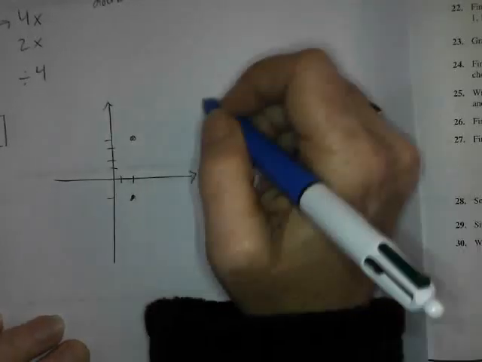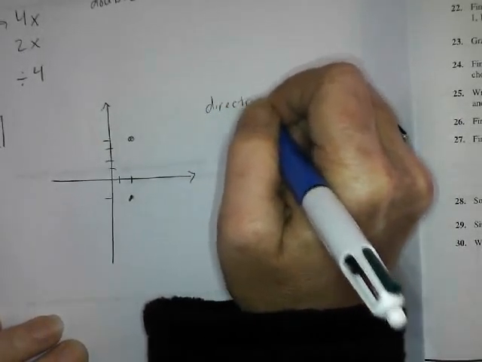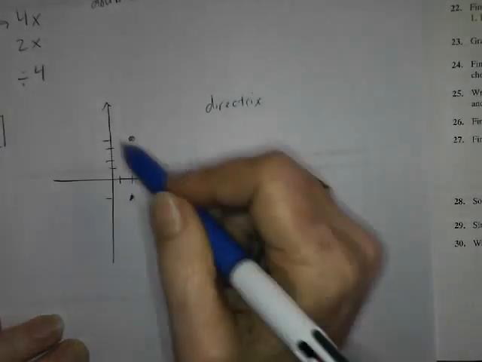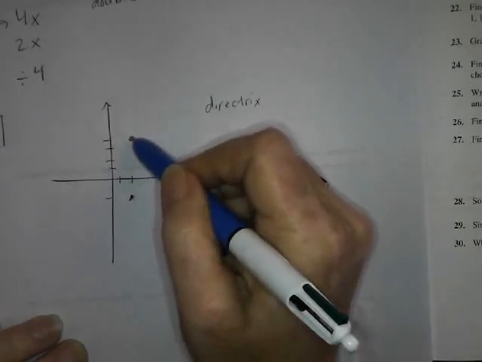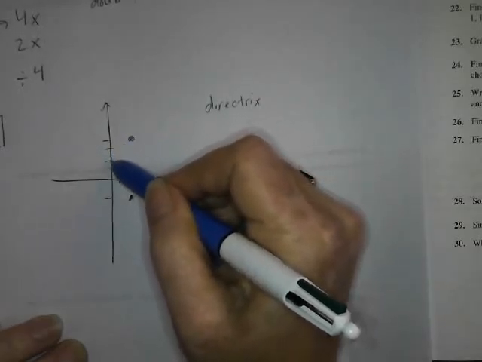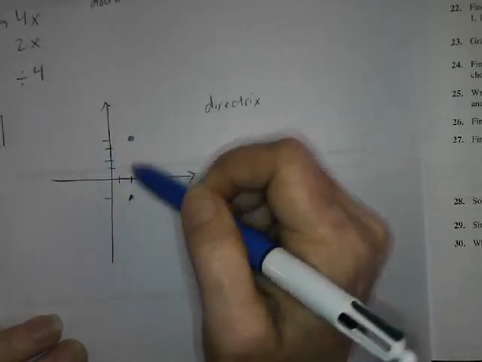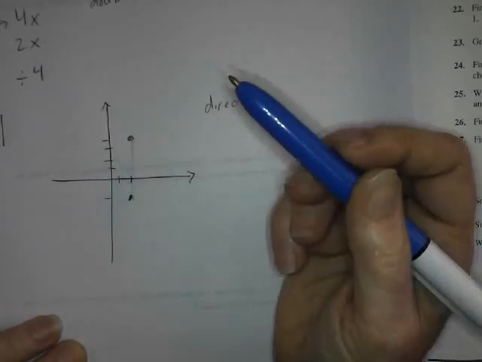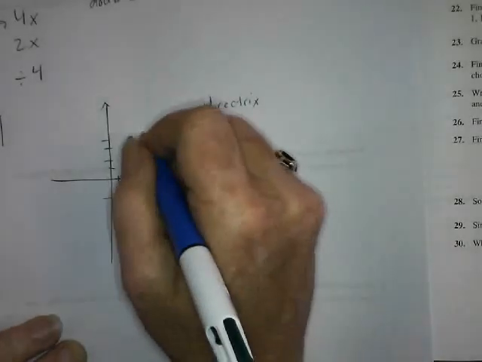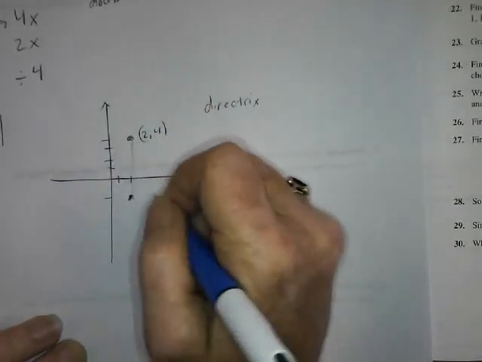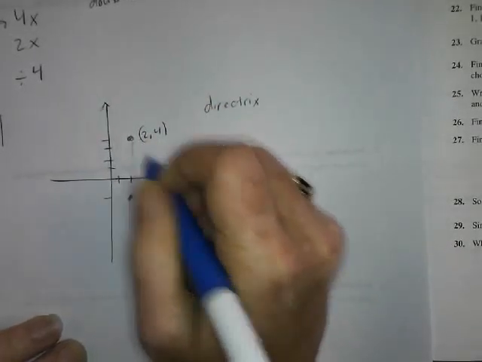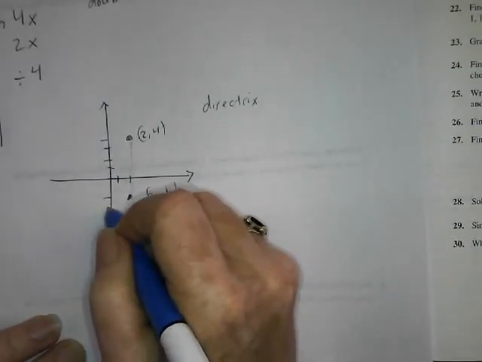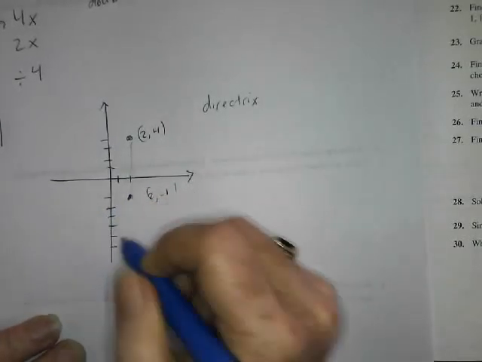How can I get the directrix? Yes, it's the anti-focus, so it's going to be down. If this distance, 1, 2, 3, 4, 5, from the vertex to the focus is 5, you guys think? This is (2, 4), and that's 5. So I have to go down by 5, 1, 2, 3, 4, 5.